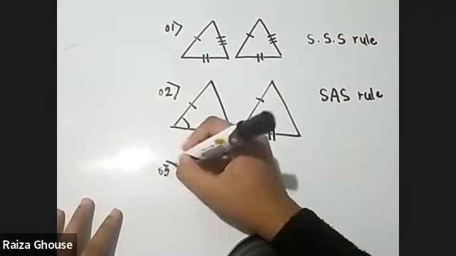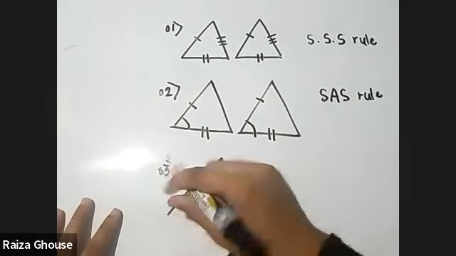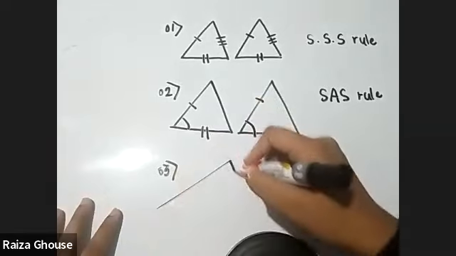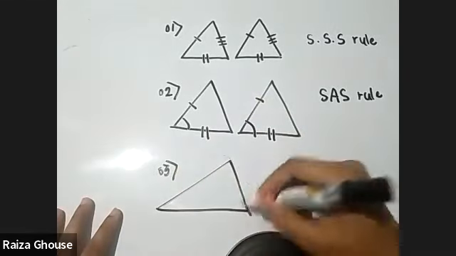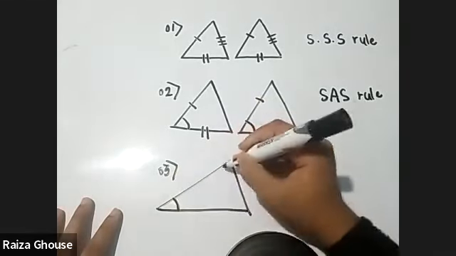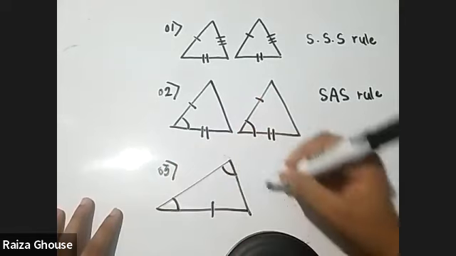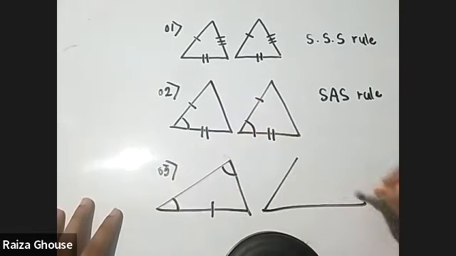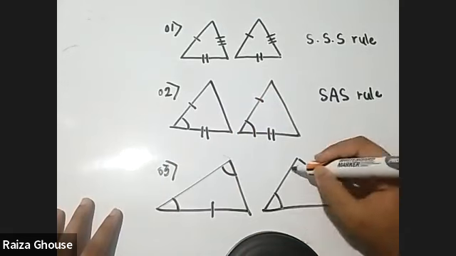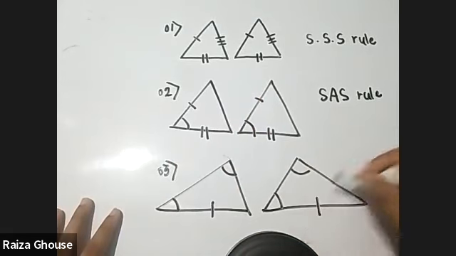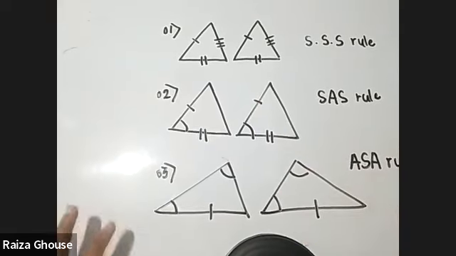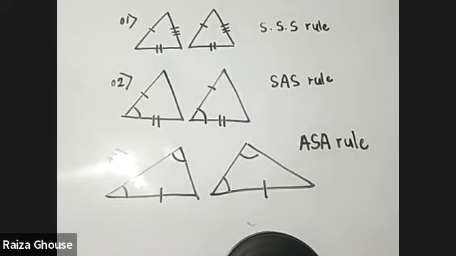The third congruency rule is if we have 2 triangles, let me take a different one. Now you can see, I have taken 2 angles and 1 side. We call this the ASA rule. This is the third congruency.